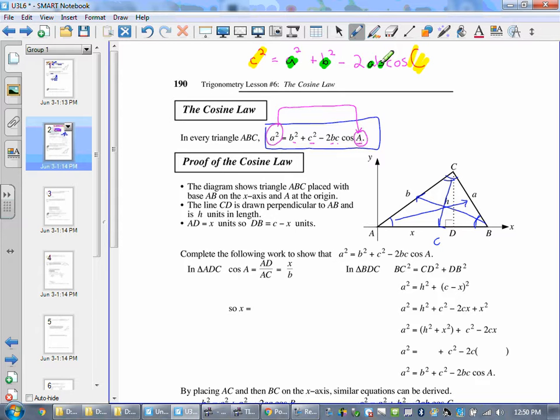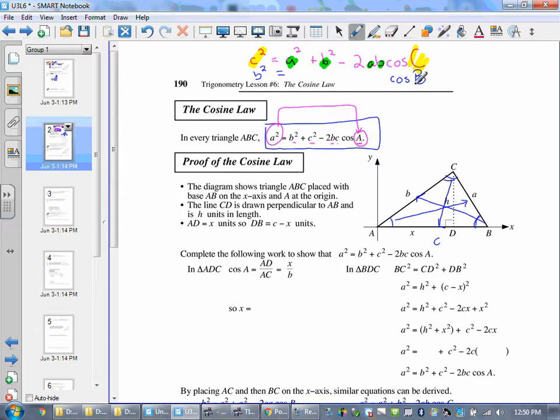So we could rewrite this law to solve for side B as well. So we would need a cos angle B here. So those are matching. What would our other parts be?